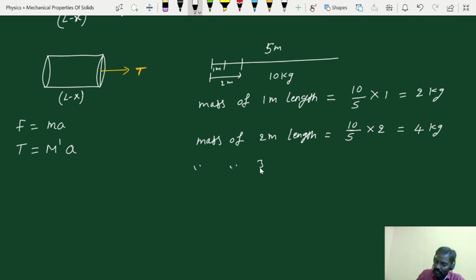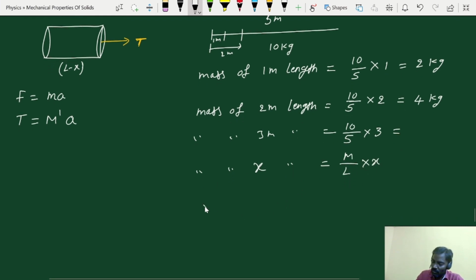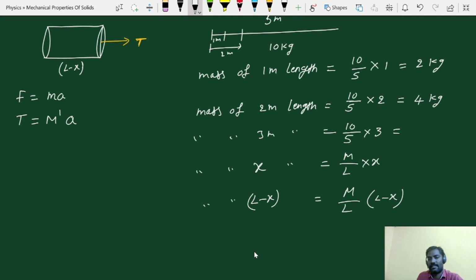If you want to calculate the mass of 3 meter length, it is mass per unit length into 3, that is 6 kg. If you want to calculate the mass of the x part, that is mass per unit length into x. If you want to calculate the mass of the L minus x part, that is m by L into L minus x.